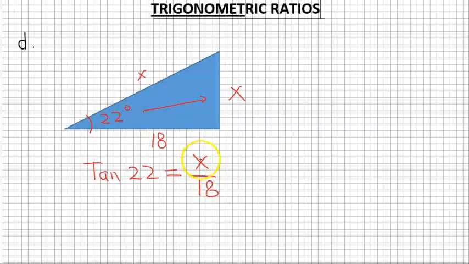Now this x is already separated here alone, so this 18 will go here. So x is equal to 18 tan 22. And 18 tan 22 is 7.24.